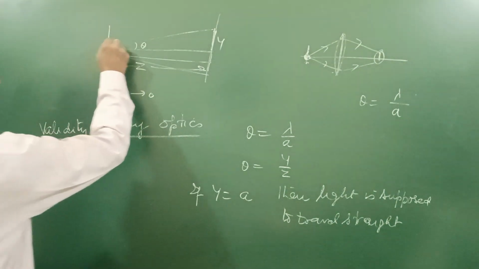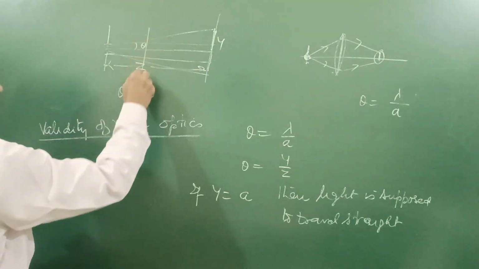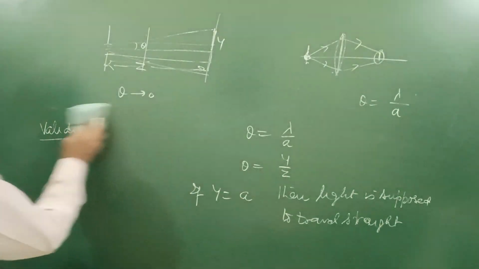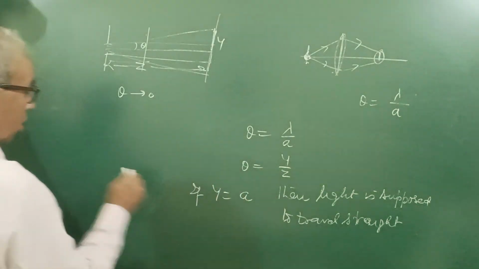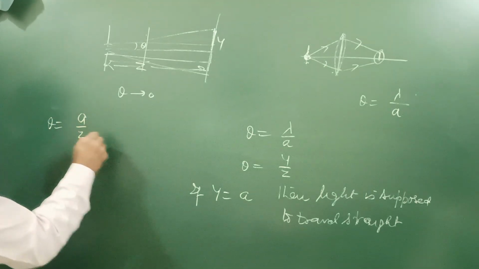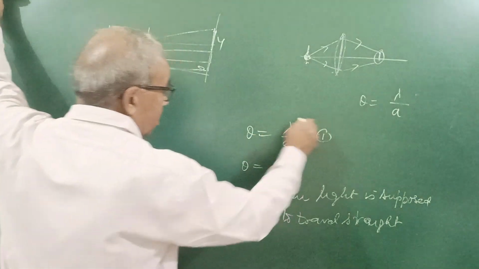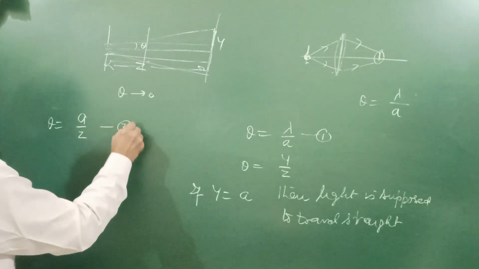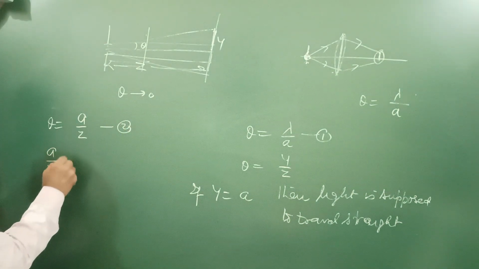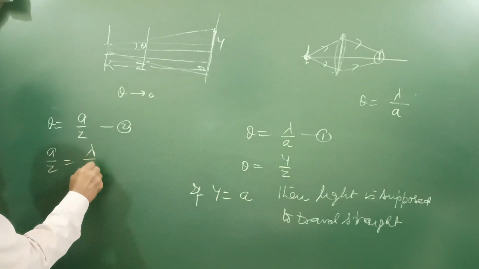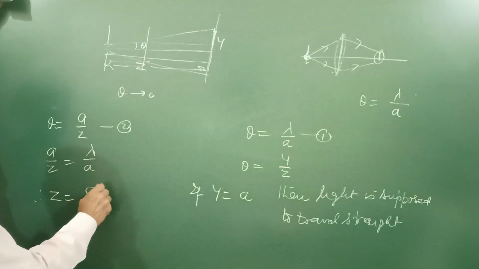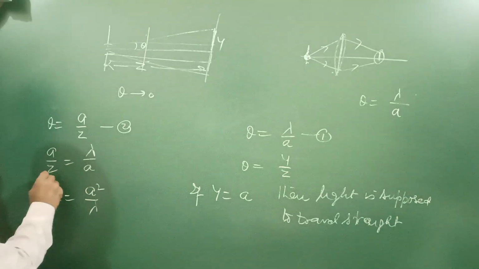But that will depend on the distance z also, and therefore theta will be a upon z. Comparing the two equations, we get a upon z is equal to lambda by a, and hence z is equal to a squared upon lambda.